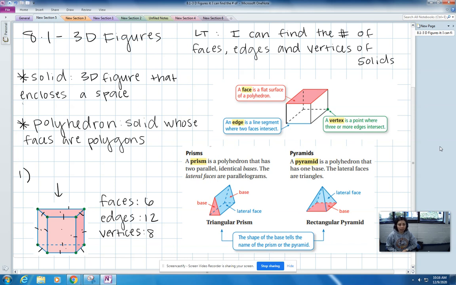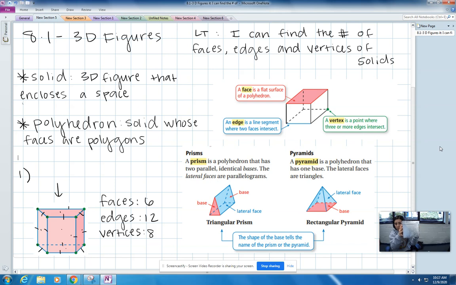So what I mean by that is that if you pick up a prism, you should be able to put your hands on 2 different faces that are completely on opposite sides from each other. They're parallel to each other, and they should be the exact same shape. So if my hands are opposite of each other and they're touching 2 shapes that are exactly the same, that means this is a prism and my hands are touching the bases.